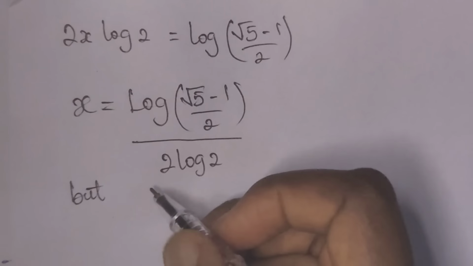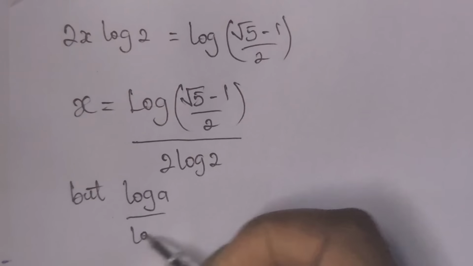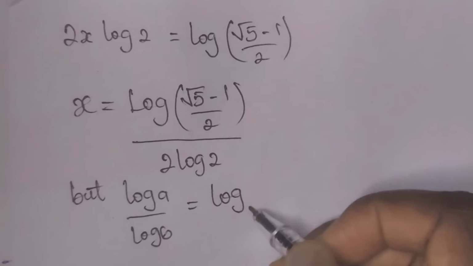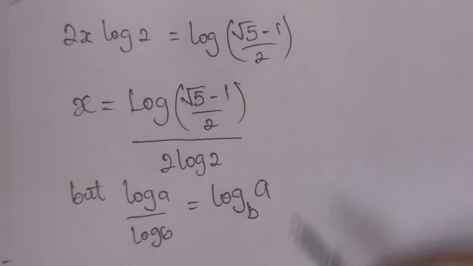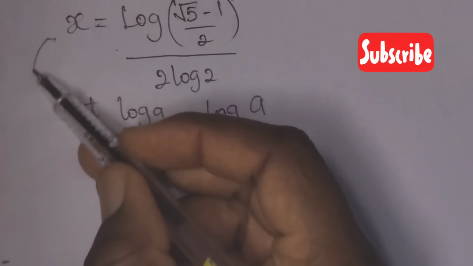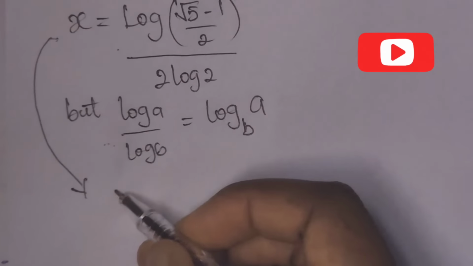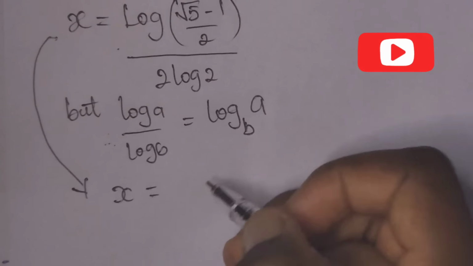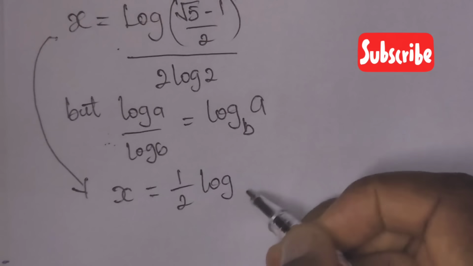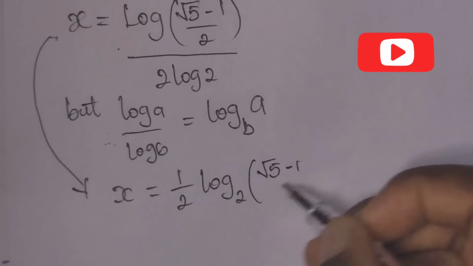But we have a logarithm rule that says if log a is over log b, then this is the same as log to the base b of a. So applying this logarithm rule here, this will become x equal to 1 over 2 log to base 2 of root 5 minus 1 over 2.